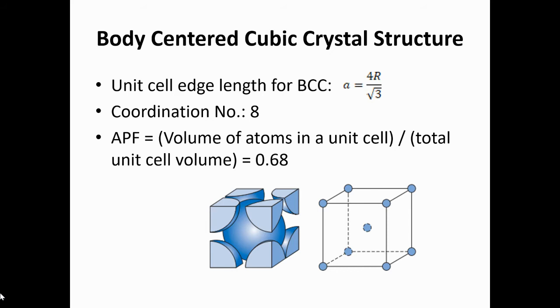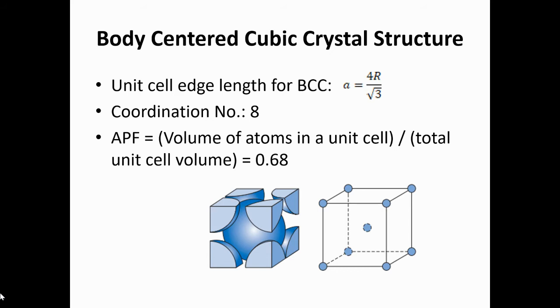Likewise, if the unit cell edge length is a and the atomic radius is R, the unit cell edge length for the BCC structure is a = 4R/√3. This picture represents the BCC crystal structure.